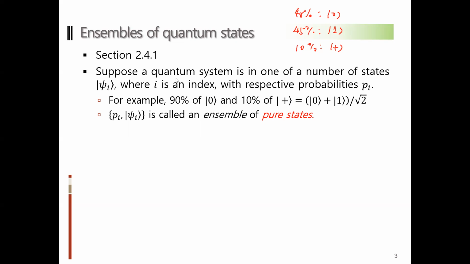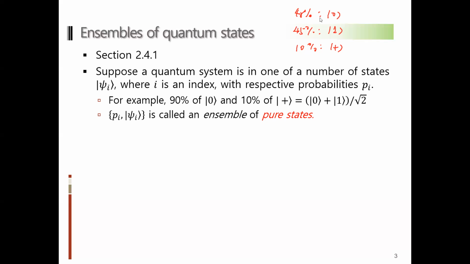So in general, if we know that some quantum state will be in one of these pure states, and each pure state has some probability related to it, then we call it an ensemble of pure states.